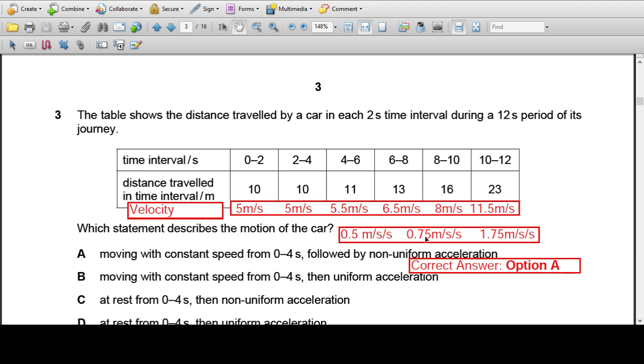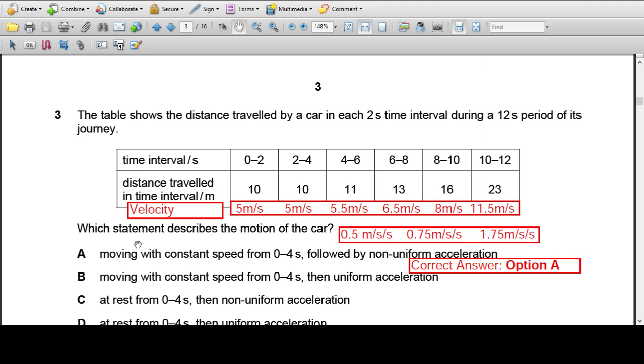And here from 10 to 12, with speed 8 to 11.5 in a 2 seconds interval, we subtract, v minus u divided by delta t, giving 1.75 meters per second squared.